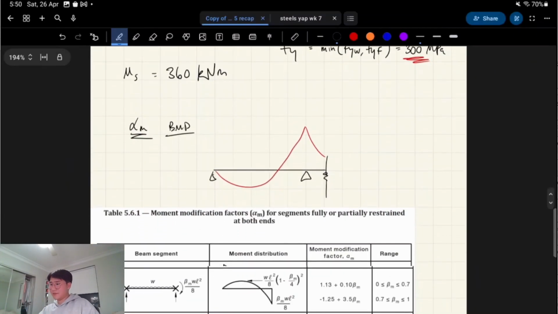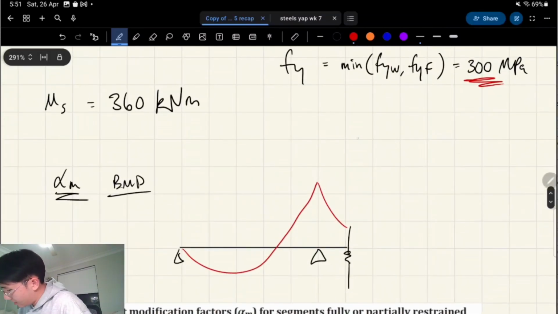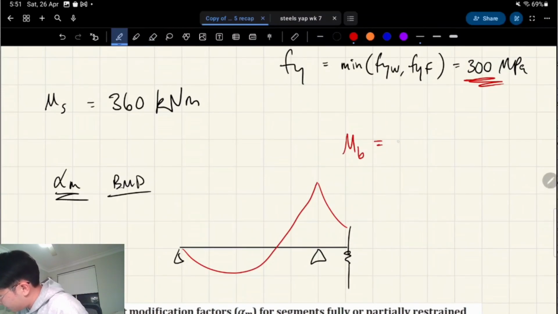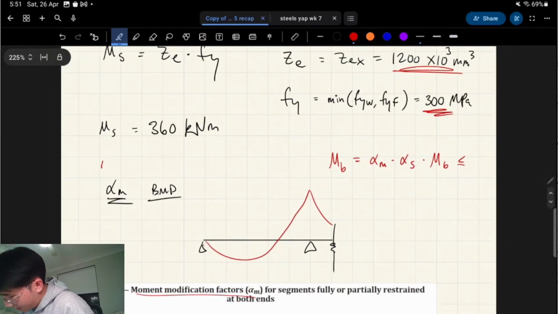That's for section capacity. Next, alpha m is called the moment modification factor, right? And it depends on what our bending moment diagram looks like. Essentially, here's what we're going to do with alpha m, right? Oh, you should also do a quick sanity check here.